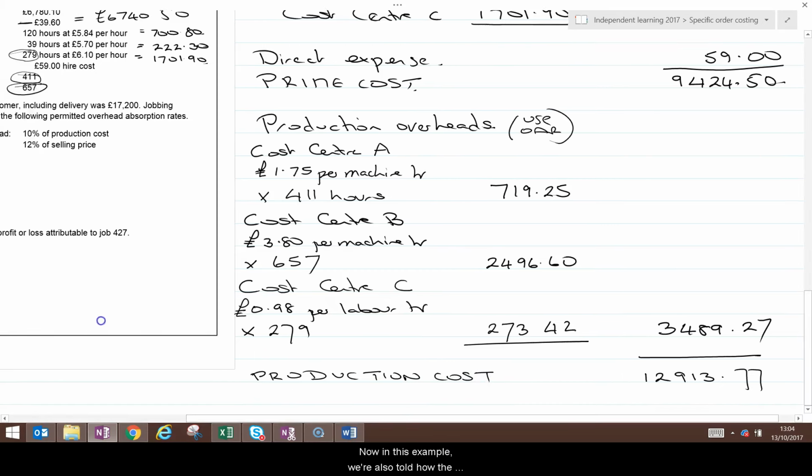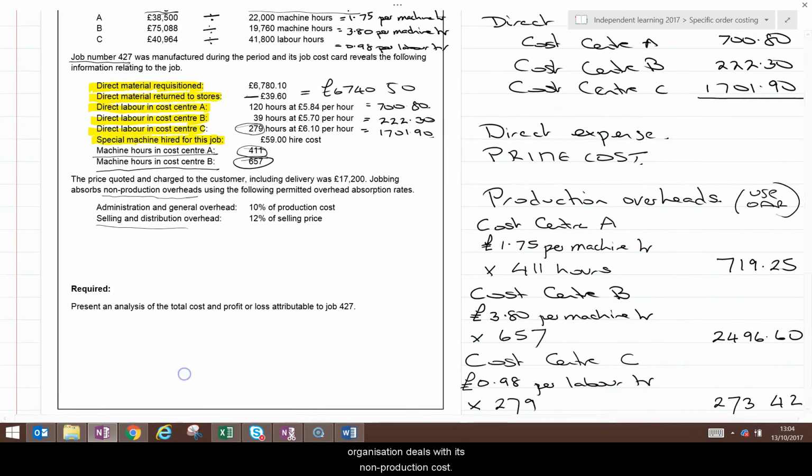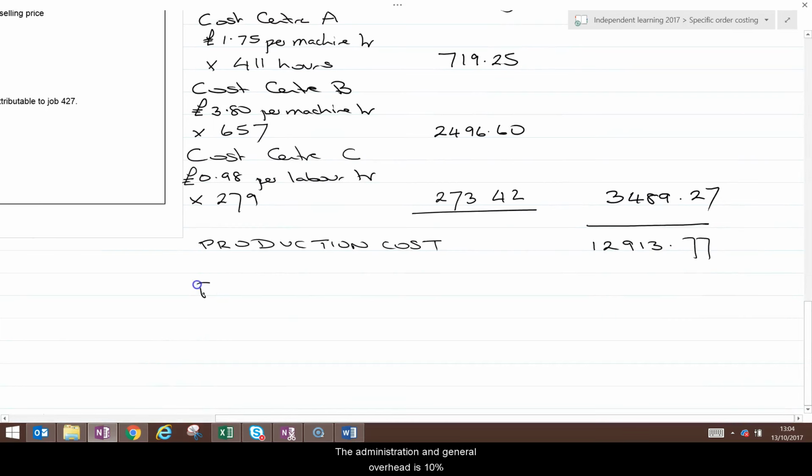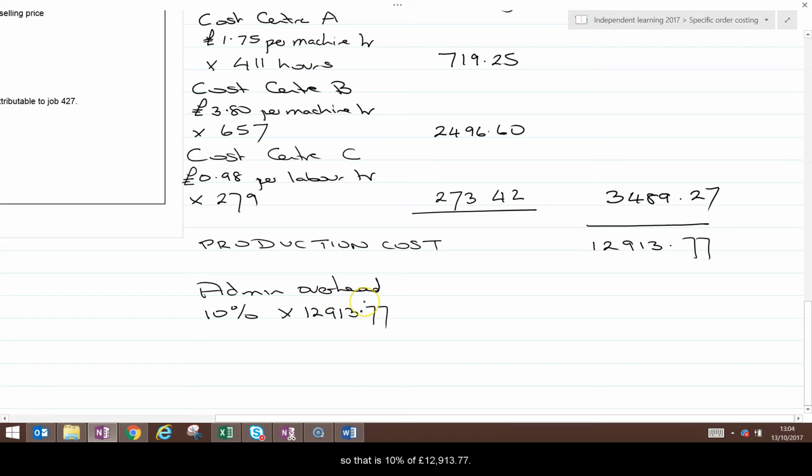Now in this example, we're also told how the organisation deals with its non-production cost. So the administration and general overhead is 10% of the production cost. So that's 10% of £12,913.77.